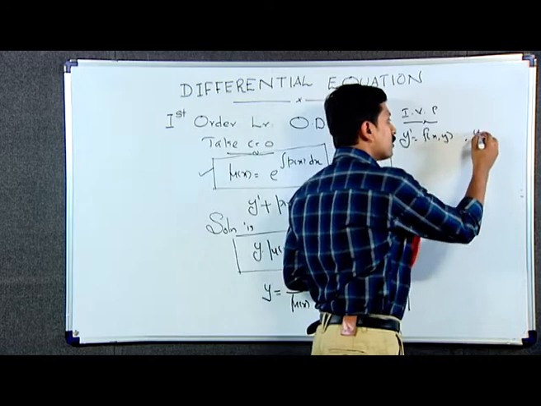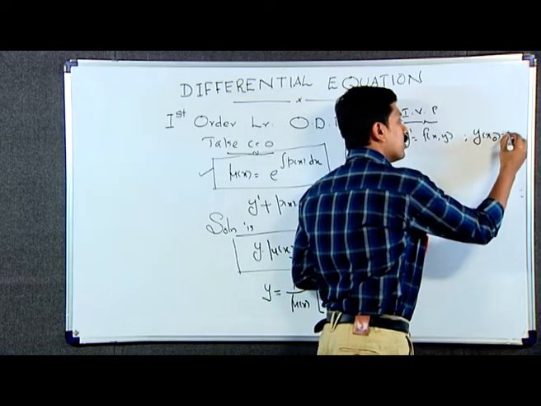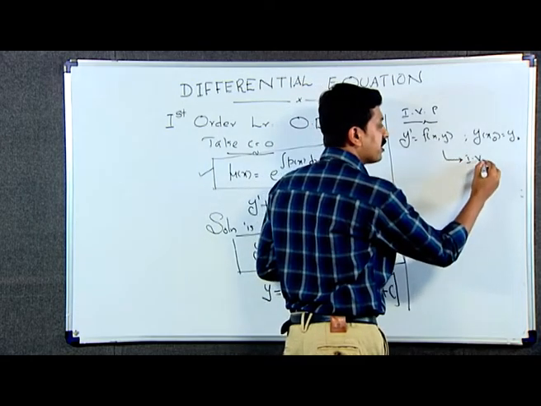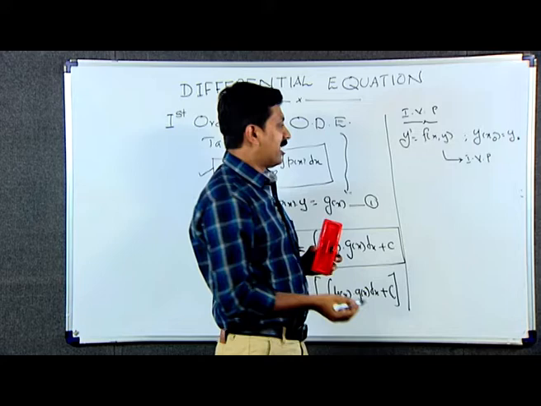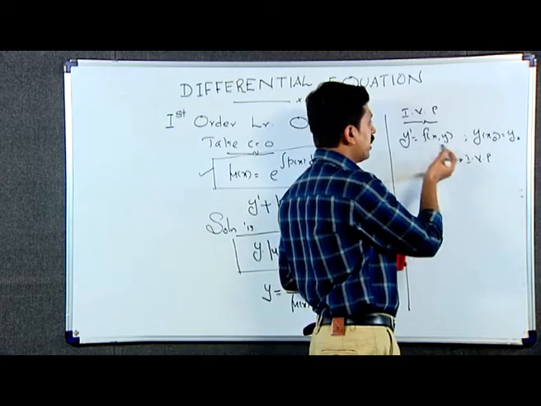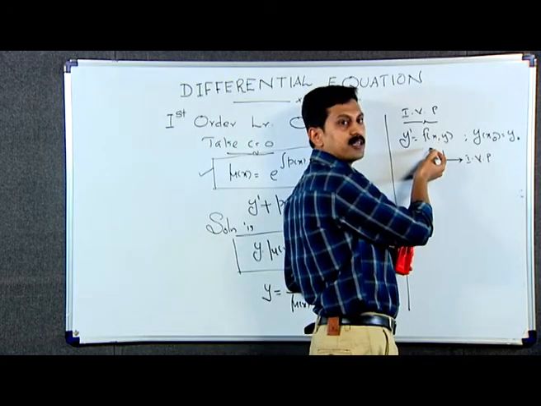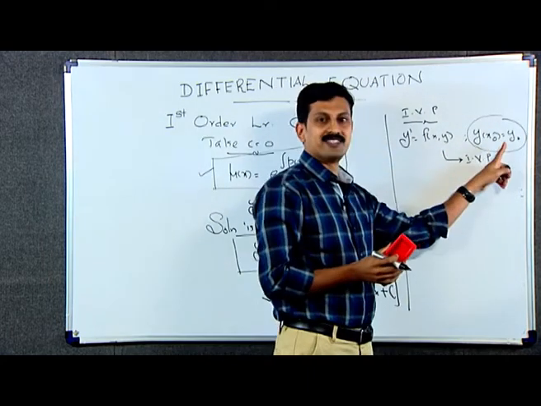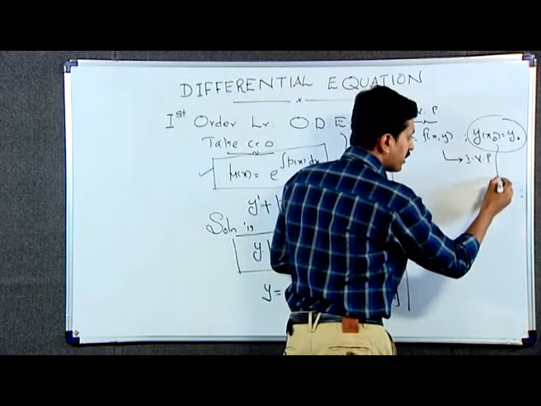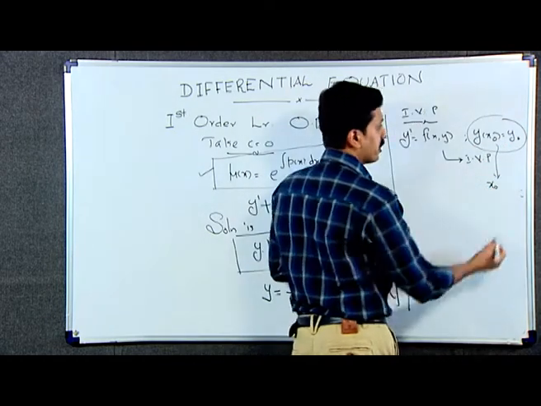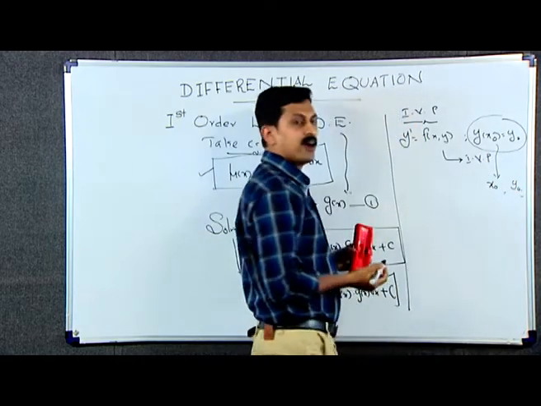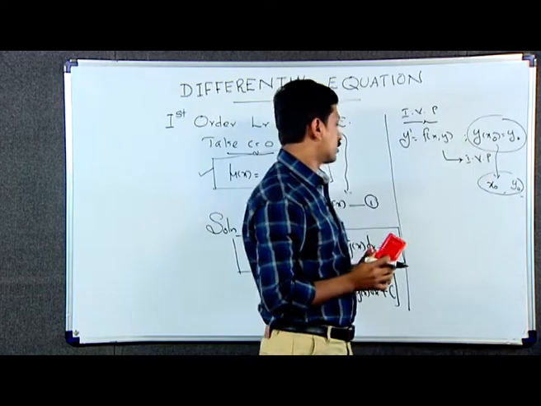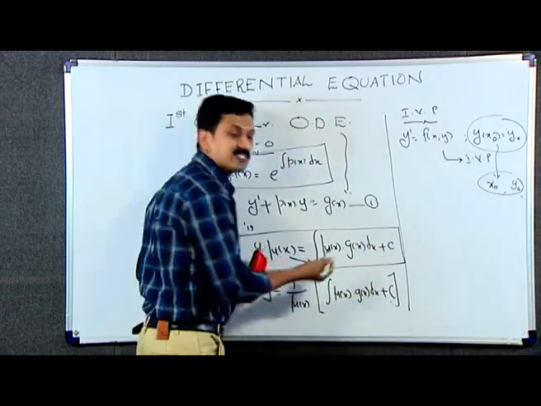If it involves y of x naught equal to y naught, then this problem is called an initial value problem. There is one initial condition given, where x naught is the initial point and y naught is the value of y at that initial point. By replacing x naught and y naught, we can find this arbitrary constant c.